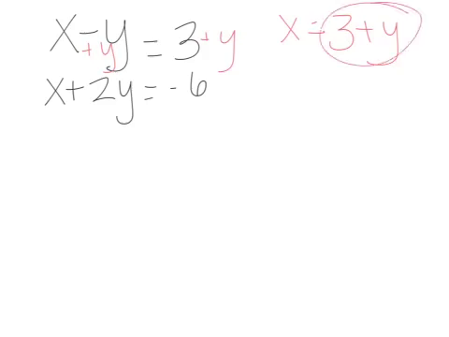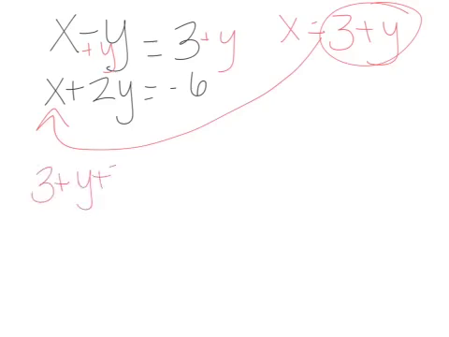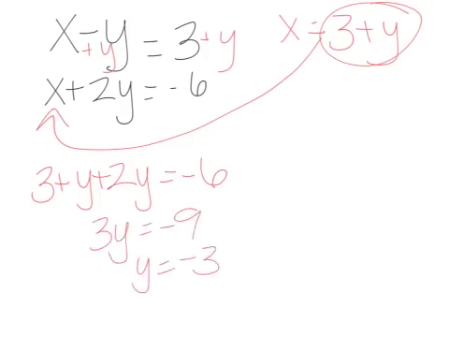And now we can plug this in for x of this equation. So that would look like 3 plus y plus 2y is equal to negative 6. So 3y would equal negative 9. y would equal negative 3. And then if I plug that back in, I would get x is equal to 0. So I would get this coordinate point.